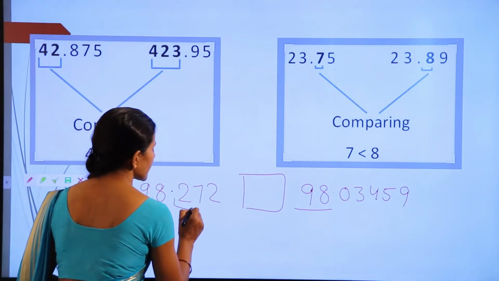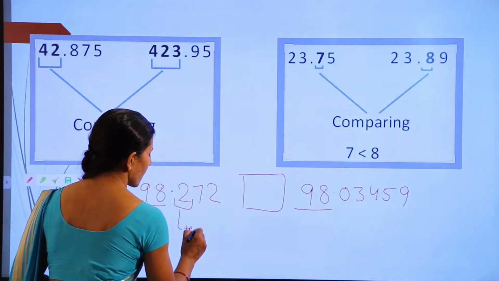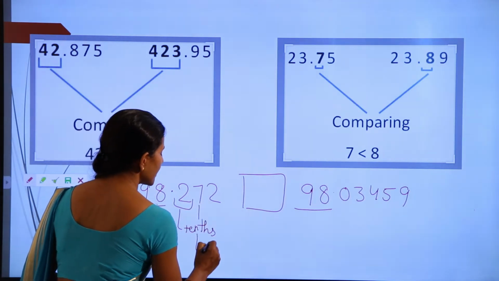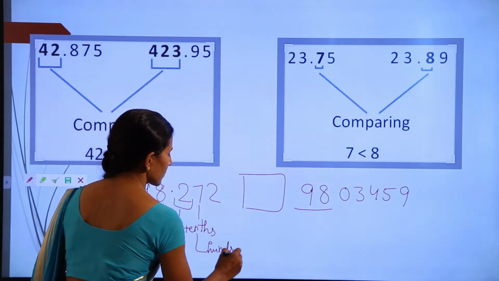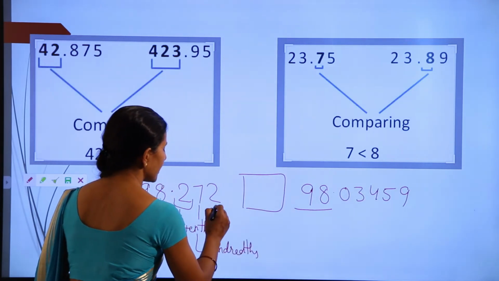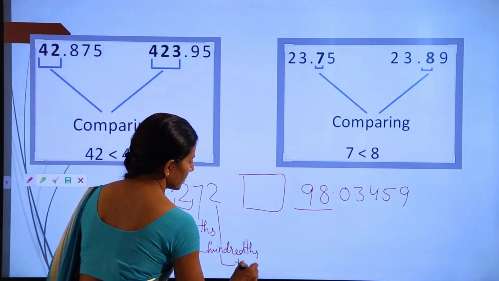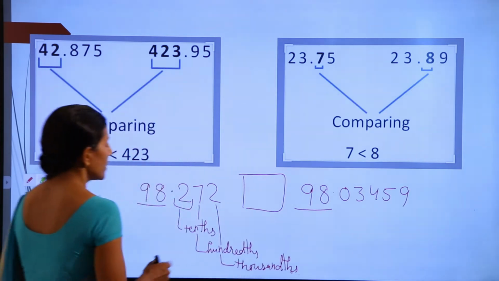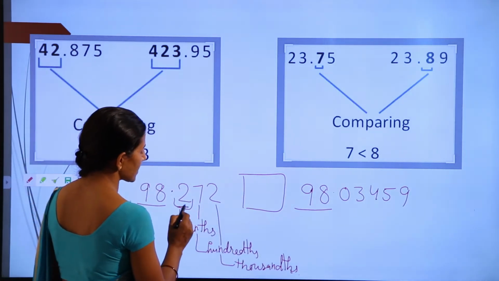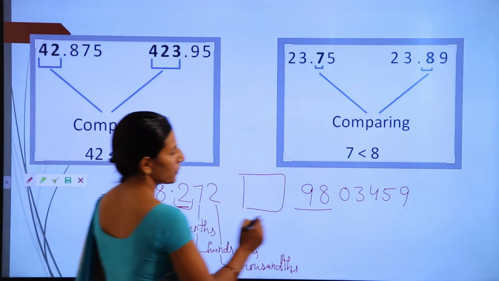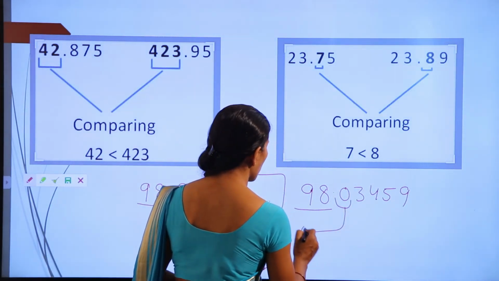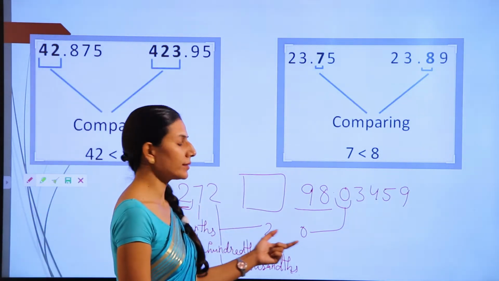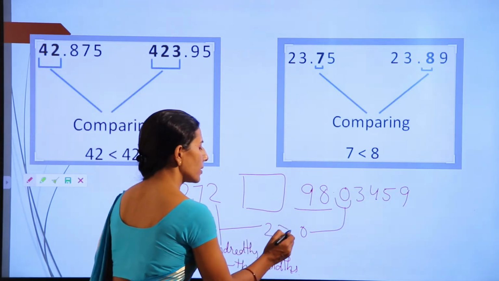The place after decimal is tens place. The next is hundreds place. And the next one is thousands. So firstly we compare the tens place. Here we have 2 on tens place and here we have 0 on tens place. So which one is greater now? 2 is greater than 0. So we will put the sign of greater than.